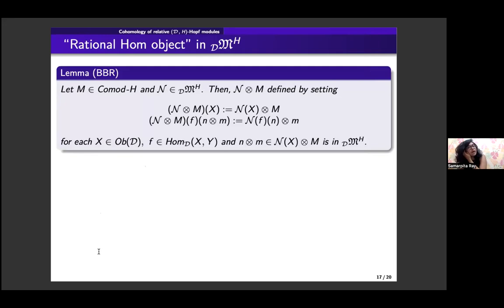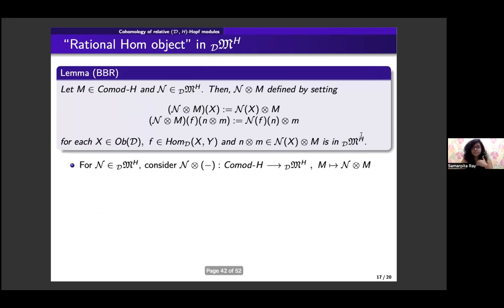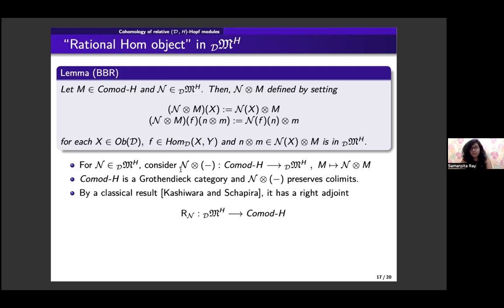Now if you have any comodule over H, then the tensor product with a relative module is also going to give you an element in D mu H. So you have a functor from comod H to the relative Hopf category. Because comod H is a Grothendieck category and this tensor product preserves colimits, by a classical result of Kashiwara and Shapira we know there exists a right adjoint, which we denote by capital Hom.